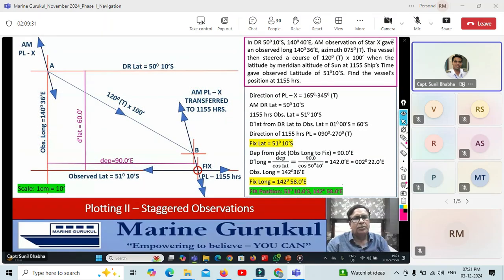Okay, so this is what we just solved. Do we see any problem with this working? Technically, none. But practically, yes. What is the issue here? The issue was that since the distances involved became larger, we had to compromise on this scale here.